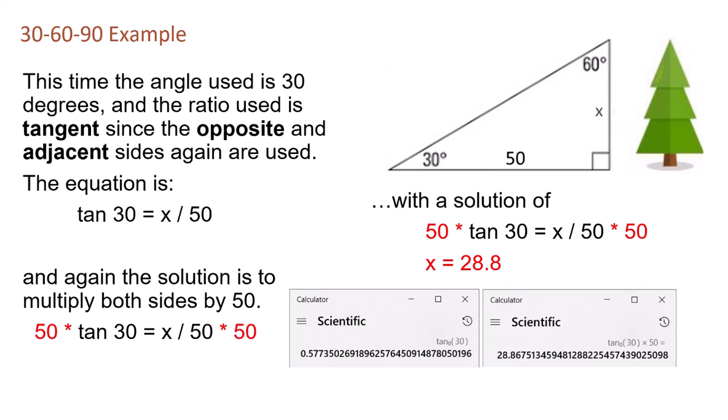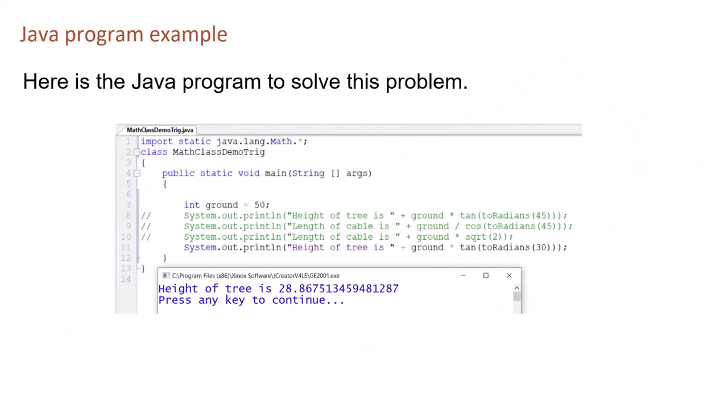The equation is tangent 30 is equal to x divided by 50. And again, the solution is to multiply both sides by 50: 50 times tangent 30, with the solution of x is equal to 28.8. And again, you see the calculator images to prove this. Here is the Java program to solve this problem.